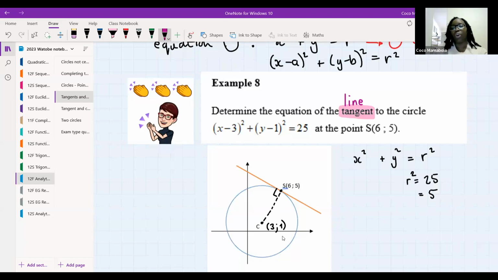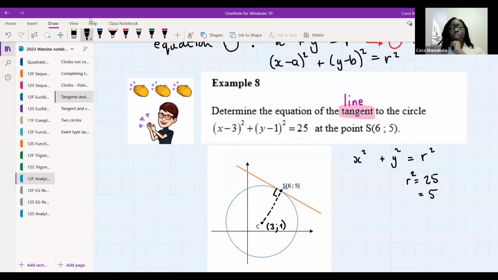Now, because they've already given us the equation of our circle, what do you think we need to be looking for in terms of the equation of our tangent? What formula would we possibly use? Good, that's it, Nhlanhla, well done. We're going to have to be looking at the gradient.